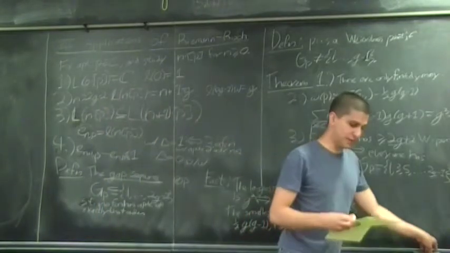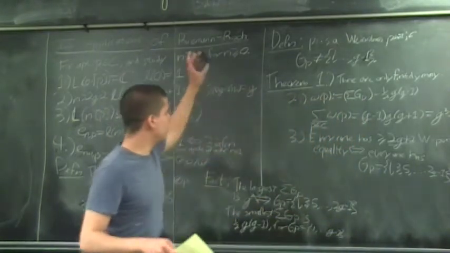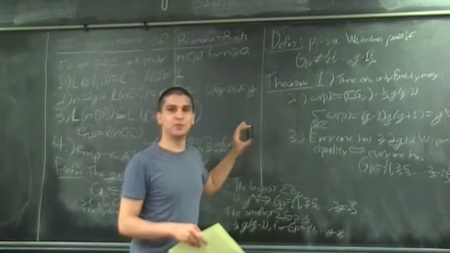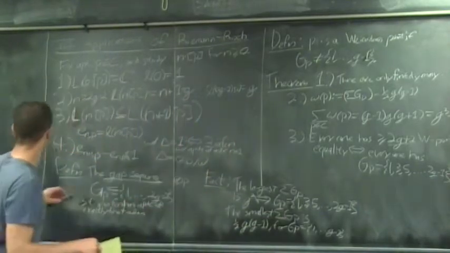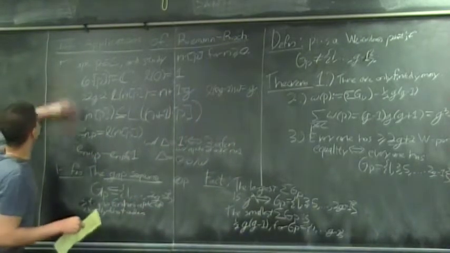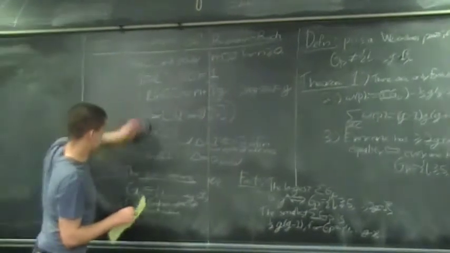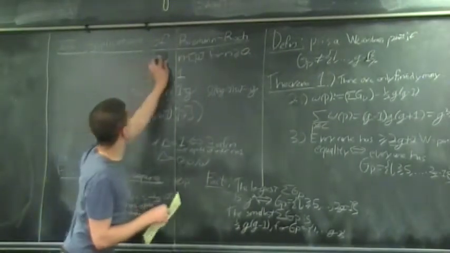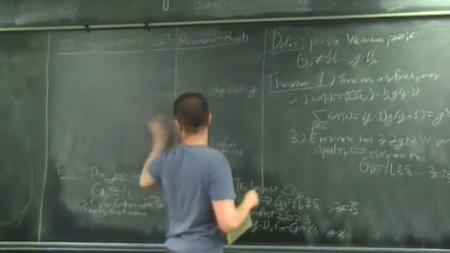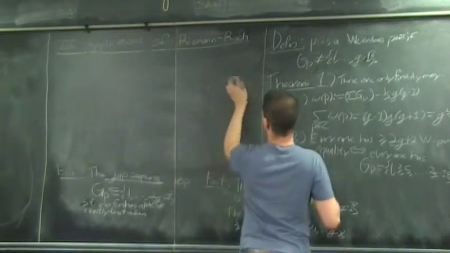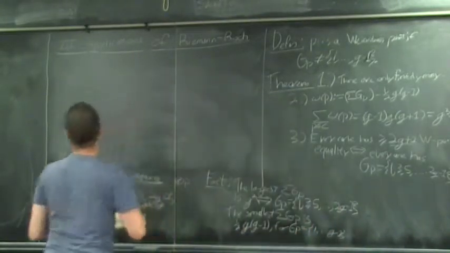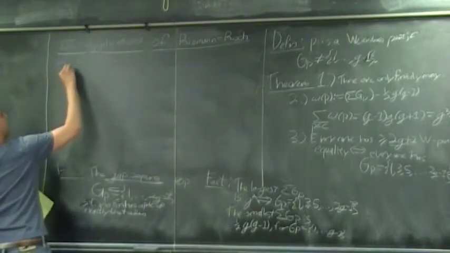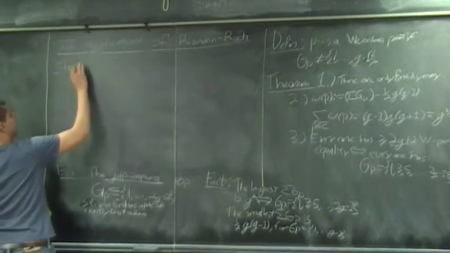Okay, so the last thing I want to do is use this theorem about the number of Weierstrass points to prove the following thing. And actually, I won't quite prove it all the way.